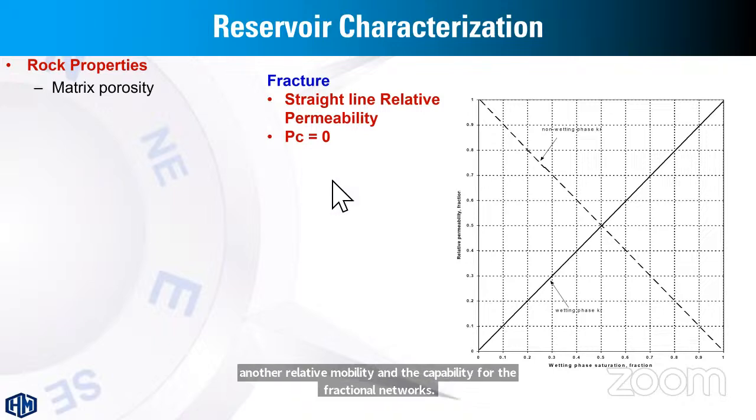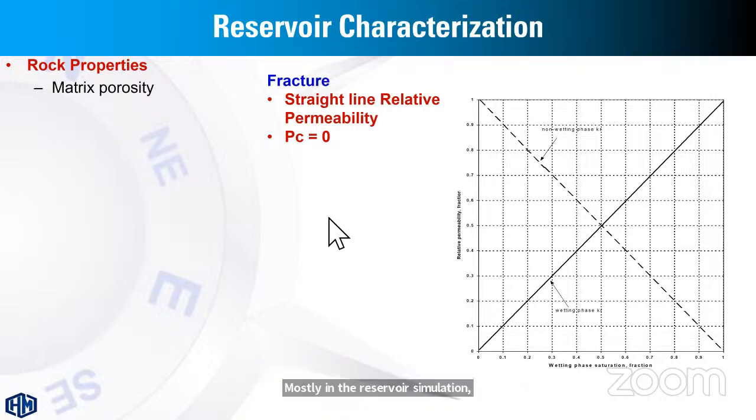Mostly in reservoir simulation, for fractures we apply straight line relative permeability like this, which means the endpoints: SWI will be 0, maximum KRW will be 1, SOR will also be 0, and KRO at SWI will be 1 as well. This is the straight line relative permeability for fractures.